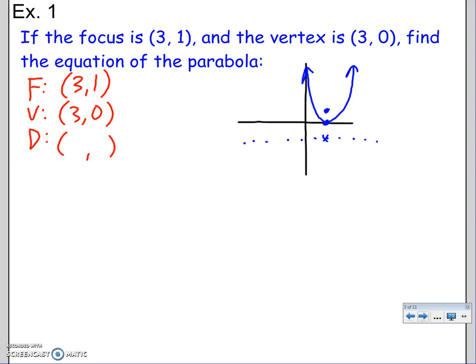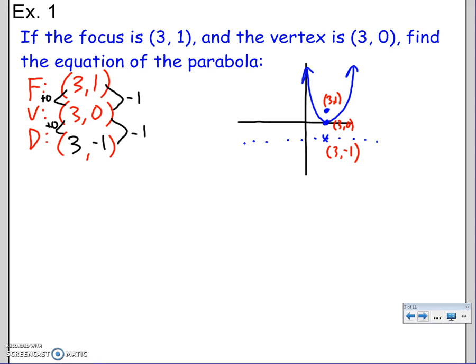Well, if this is 3, 1, and this is 3, 0, this should be 3, -1. There's no change in the x, so x should always be the same as long as you have a vertical parabola. And for the y, I have to do the pattern. From 1 to 0, I subtracted 1. So if I subtract 1 again, I get -1. All right, so step 1, find the missing point.